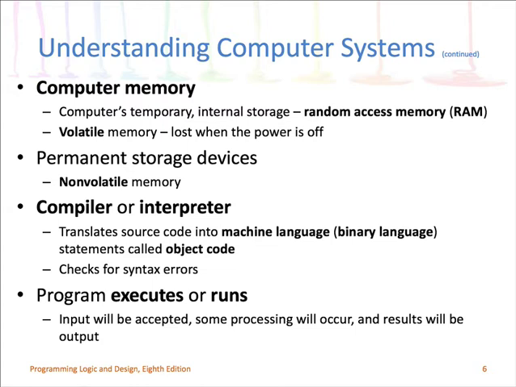Computer memory, RAM, random access memory, is where programs or data that are being processed by the CPU must be stored. So your program will be in computer memory. The data that it may be working on will be stored in memory as well.